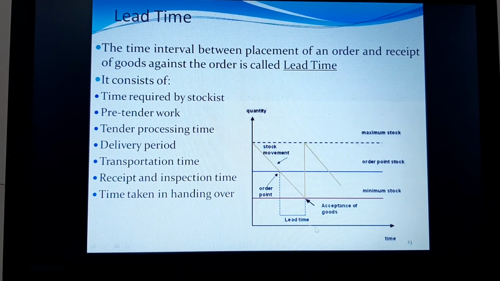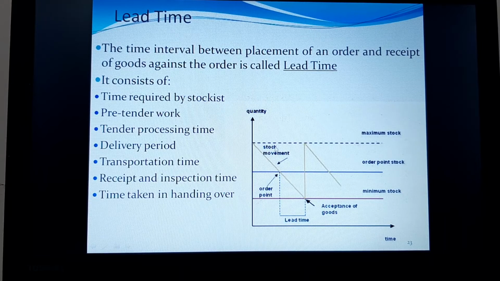So to fix the lead time, we should consider all these seven factors. Once you accept the goods, it will replenish your inventory. So accordingly, we are supposed to have your order point.